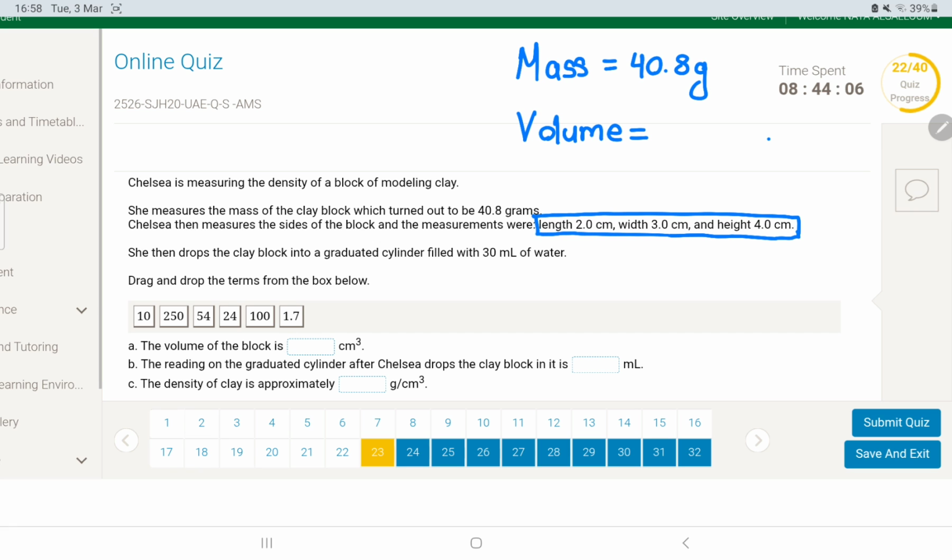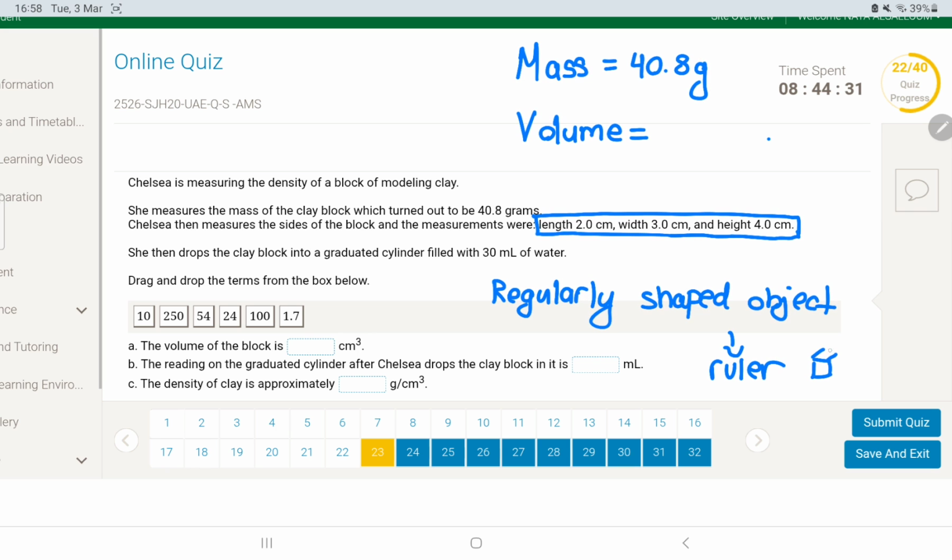So, remember when I said 2 questions ago, I said that when you want to measure the volume of a regularly shaped object, you use a ruler. And what's a block? This would be the block.